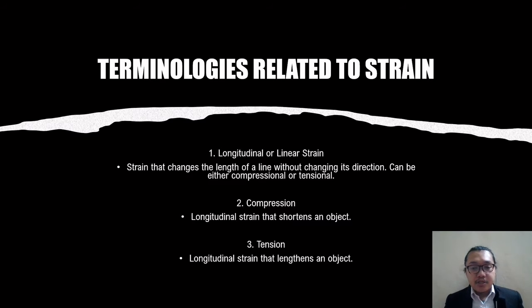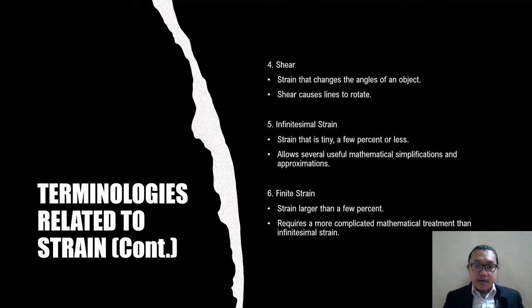The third one is tension, longitudinal strain that lengthens an object. The fourth one is shear. It is a strain that changes the angle of an object. Shear causes lines to rotate.